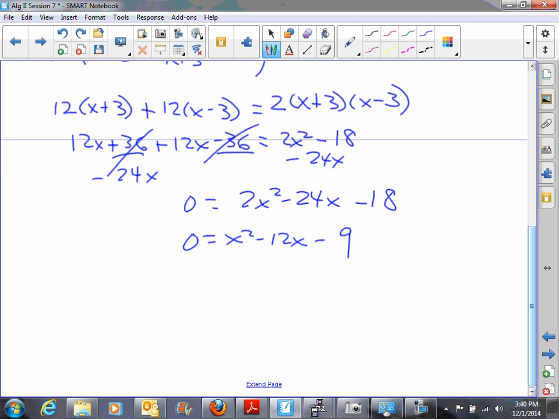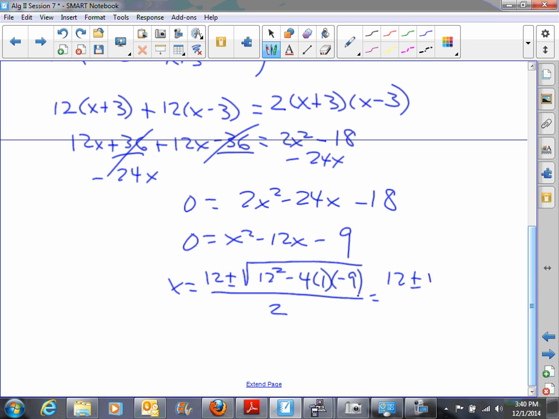So what do we got? We got x is equal to 12 plus or minus the square root of 12 squared minus 4 times 1 times negative 9 all over 2. Well, 4 times 1 times negative 9 is negative 36. 144 minus negative 36, or 144 plus 36, gives us 12 plus or minus square root 180 over 2.